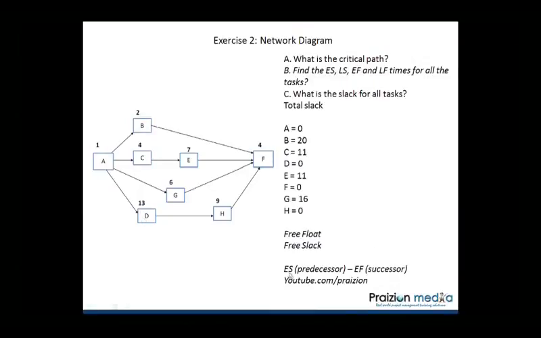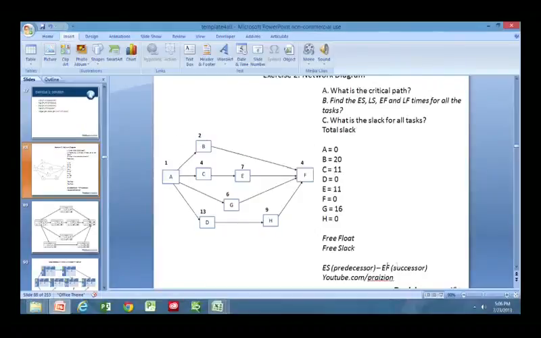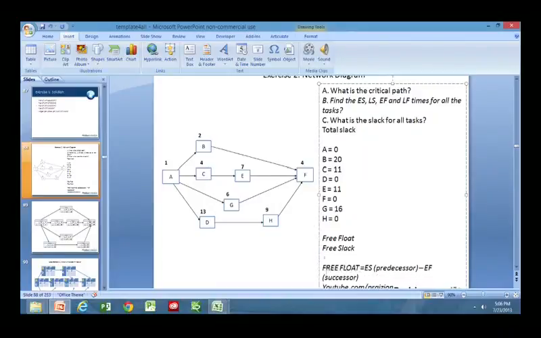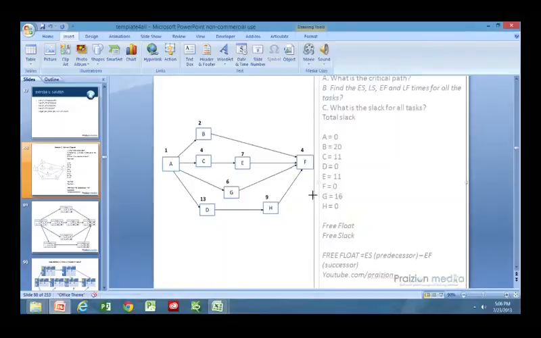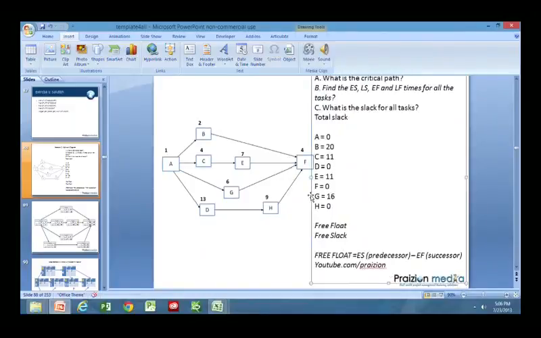And I've written for you early start of the successor minus early finish of the predecessor is really your free float. As a reminder, your total float or total slack is within one box, but your free float or free slack, you need two boxes, a predecessor and a successor.